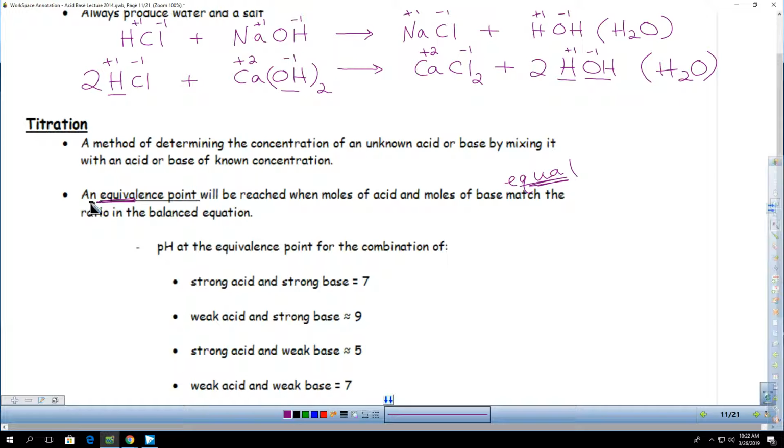The problem is the strong base dissociates fully and produces all this hydroxide, but the weak acid just does not dissociate fully. And so the acid doesn't give off as much hydrogen as the base gives off in hydroxide.